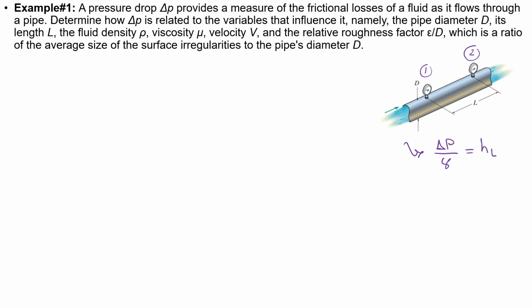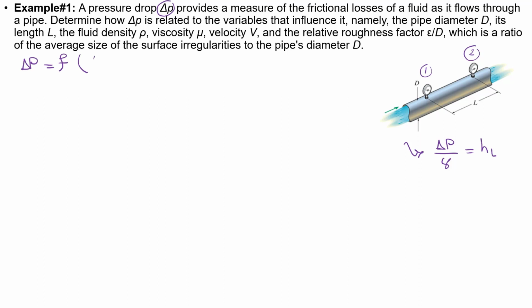So as it says over here, delta P provides a measure of the frictional losses of the fluid as it flows through a pipe. Now, what we're going to find is how delta P is related to the variables listed, how delta P is a function of the variables that are listed.